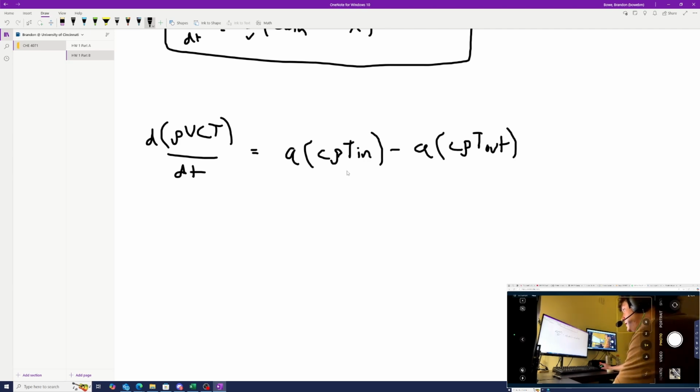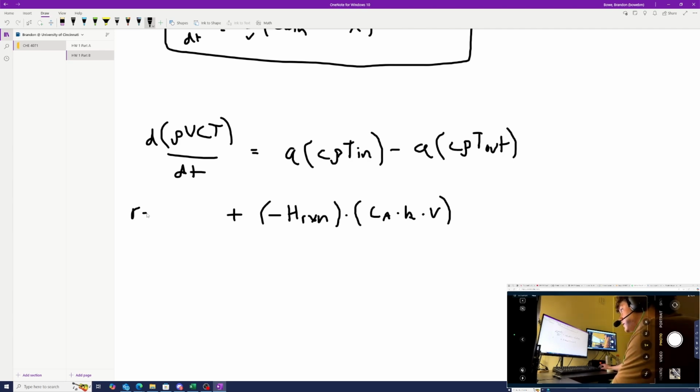Then another thing we need to account for is our reaction taking place. So this will be adding energy to our system. So we will be plus our negative heat of reaction times the rate at which it's occurring, which is going to be our concentration times k times our total volume.